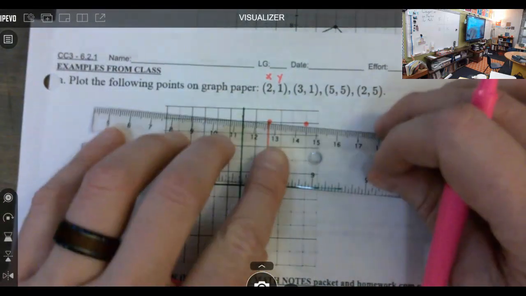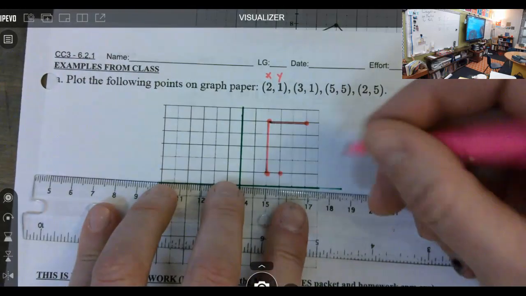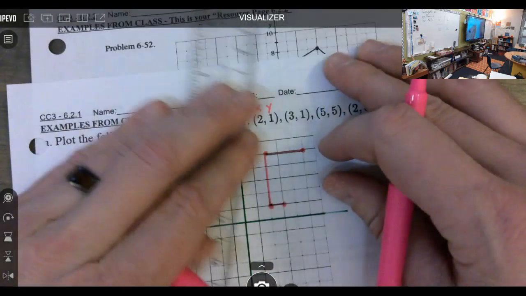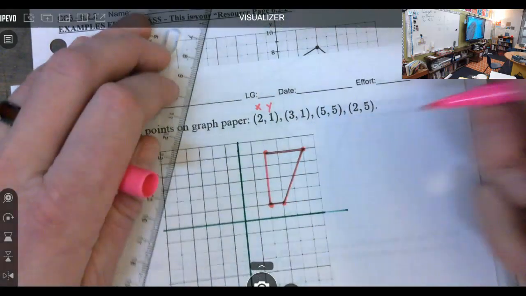So now what I want you to do to each value in each of those points is multiply them by 1. Talk to your neighbor about what just happened.